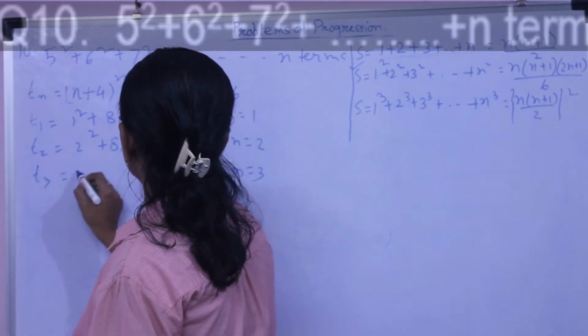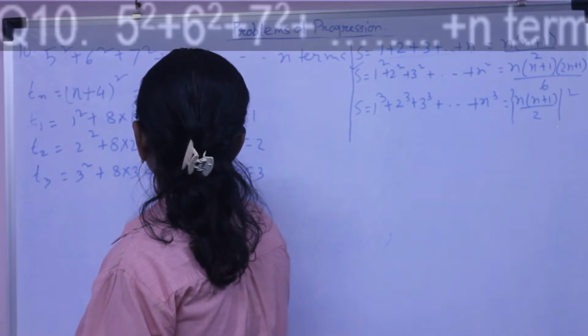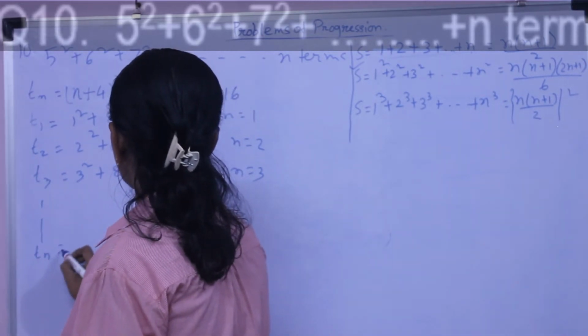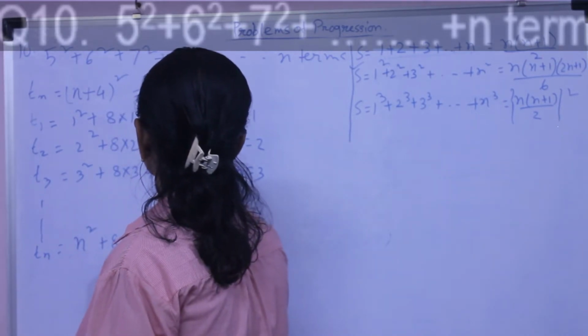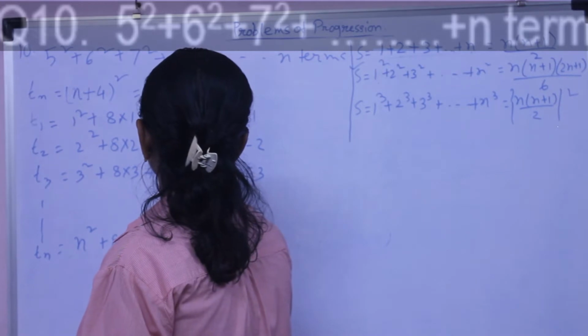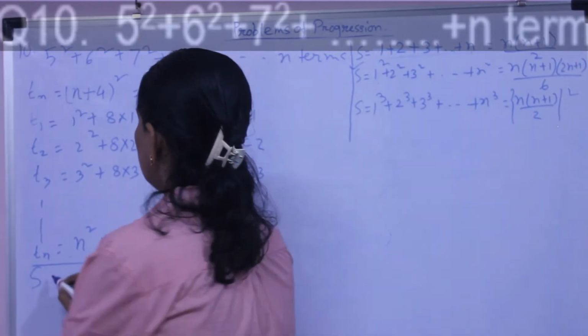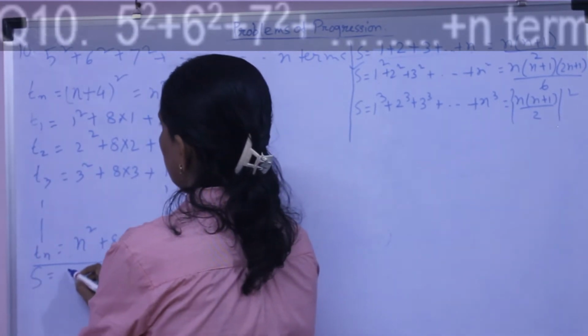T3 equal to 3 square and so on, like this. Tn we already found. Now add these: Sn equal to T1 plus T2 plus T3 and so on.